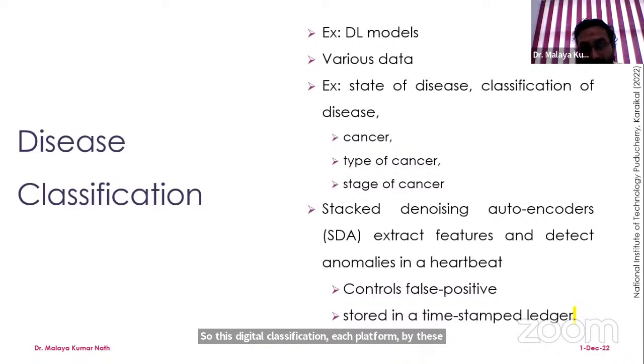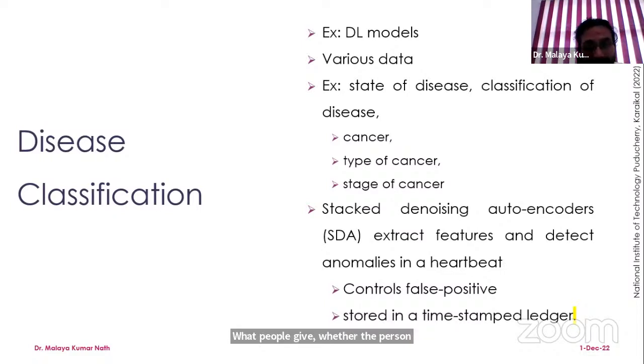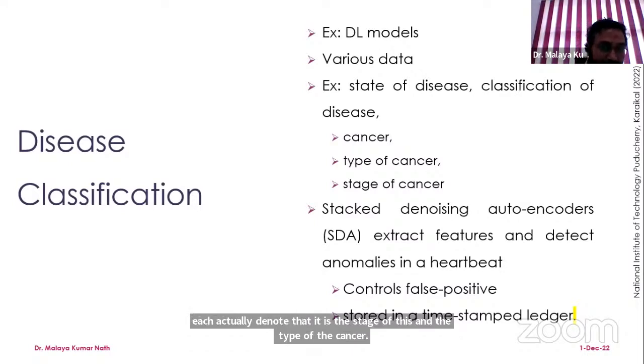Here I have given an example of a classification of a particular disease, take the case of cancers. Now what will this deep learning model give? Whether the person has cancer or not. If he has cancer, then what is the type of cancer? If the cancer is there, then in which stage is he? If it is known that it is the stage of this and the type of cancer is this, then can we suggest what type of medications can be taken?